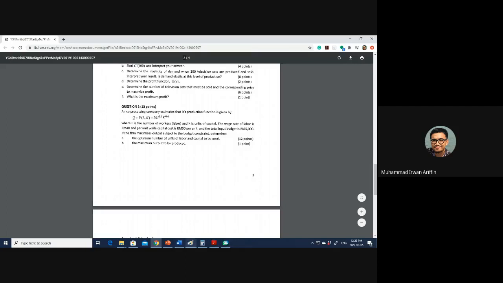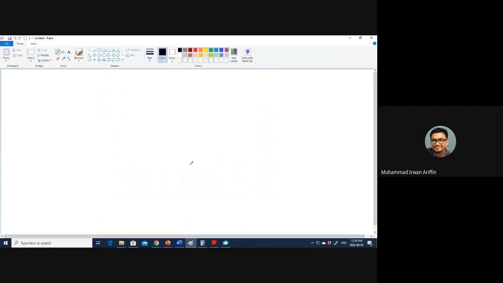So let's just get the information. We are given a production function Q, which depends on two inputs, K and L, which equals 20 L to the power of 0.6 and K to the power of 0.4.